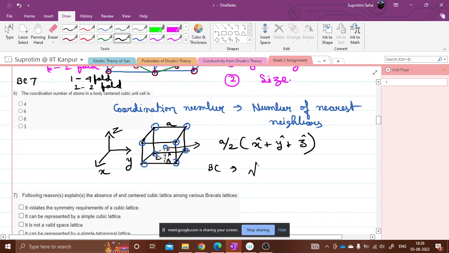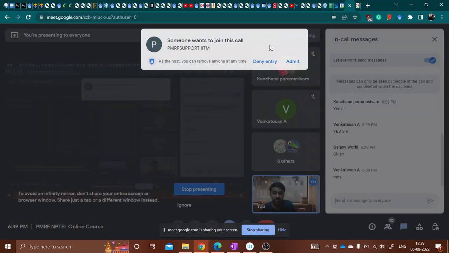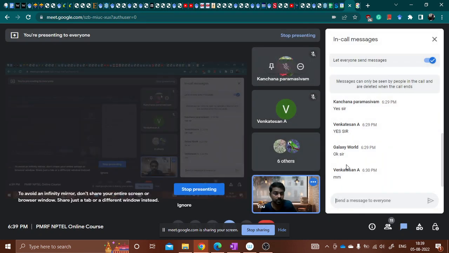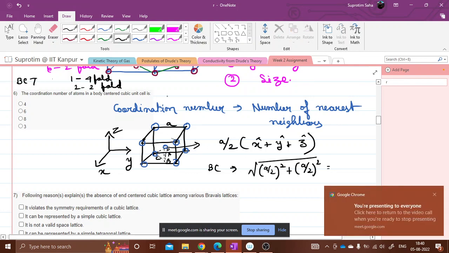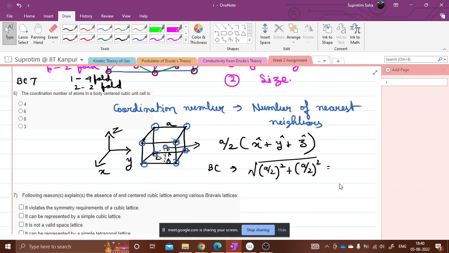BC is given by root under A squared plus A by 2 squared, so this is 2a squared by 4, and this will give you A by root 2.